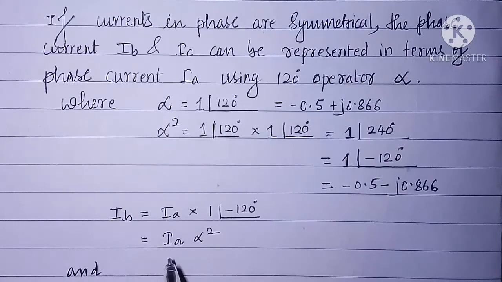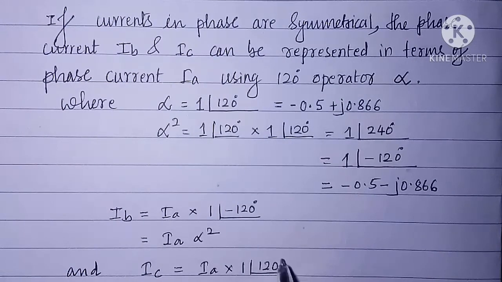And IC leads IA by 120 degrees. Therefore, IC may be written as IA into 1 at an angle of 120 degrees, that is equal to IA into alpha.